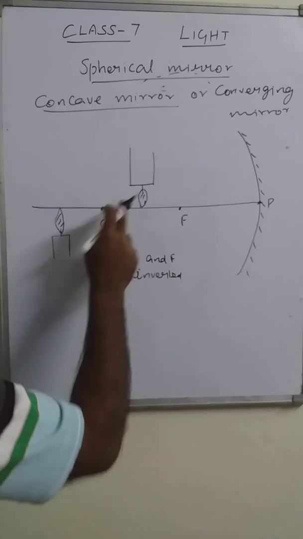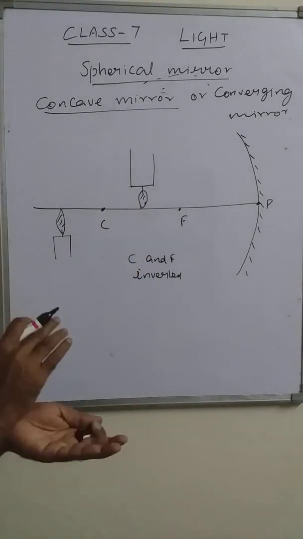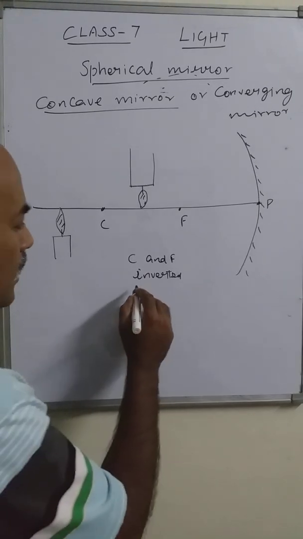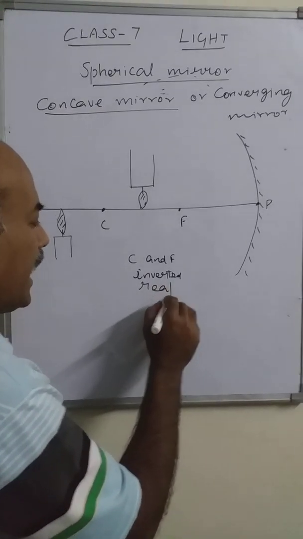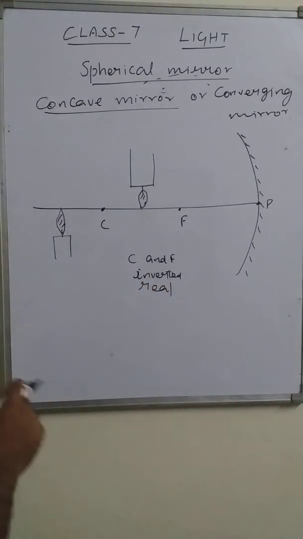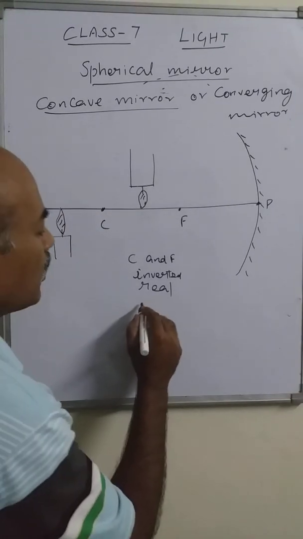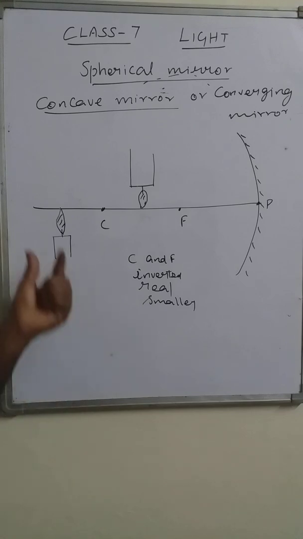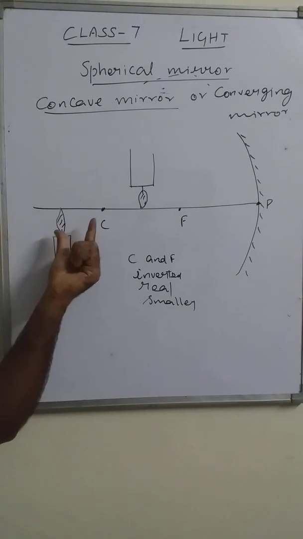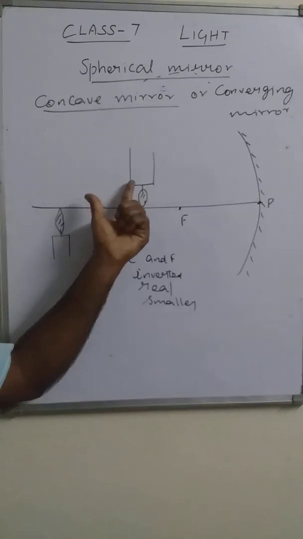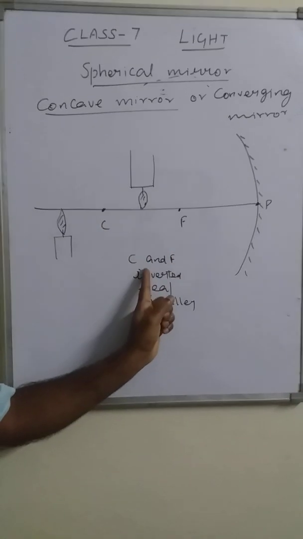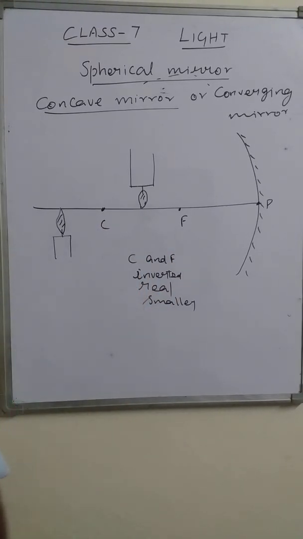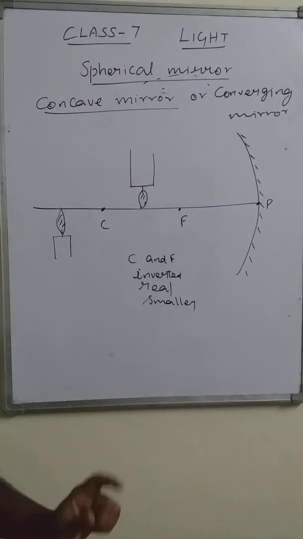You can see this inversion, upside down. The inverted image is real, and you can observe the size also: the size is smaller. So for the object behind C, we are getting the image between C and F, inverted, real and smaller. Right? This is one position.